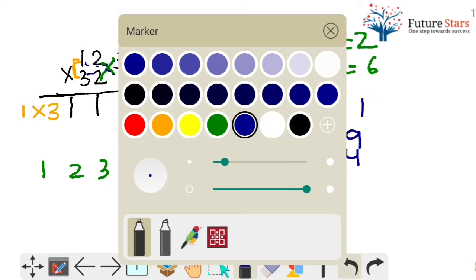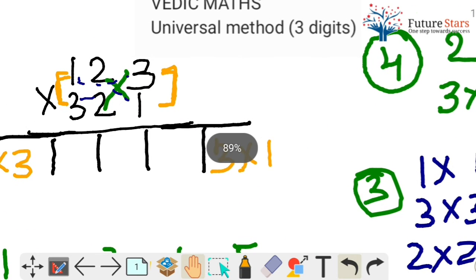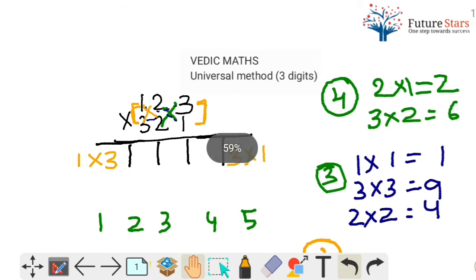Now moving on to our next step, that is the second block. It is again easy, you have to do the multiplication between the first 4 numbers, like 1 into 2 and 2 into 3. Fine.